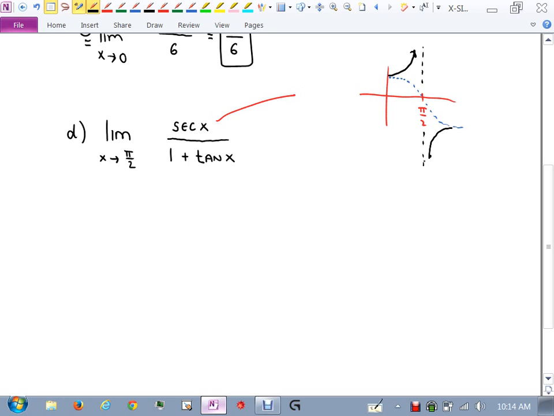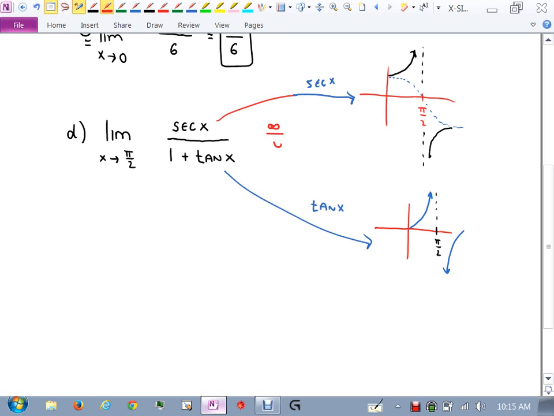And then tangent at pi over 2 does this. It comes up like this, and on the other side it goes down like that. That's just a picture. This is tangent. This one is secant. So that gives us infinity over infinity.